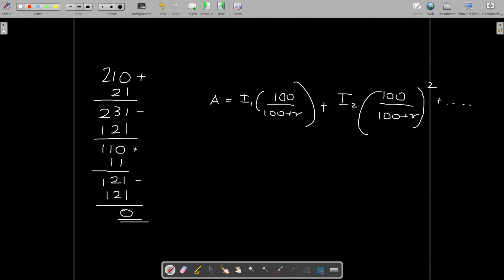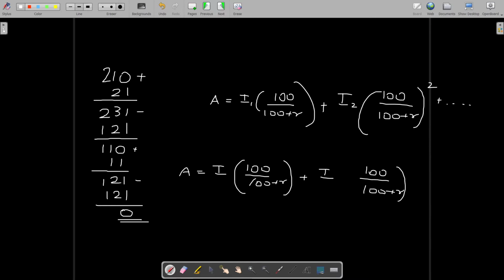If it is a case of 3 years, you have to write it as I into 100 by 100 plus R plus I into 100 by 100 plus R square. If it is the case of 3 years, it will become I into 100 by 100 plus R the whole cube.